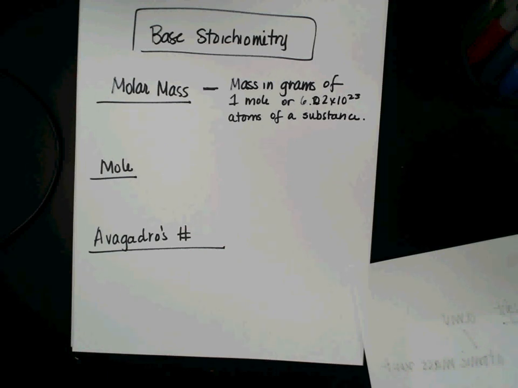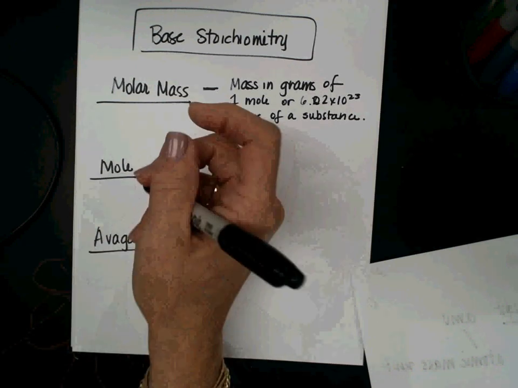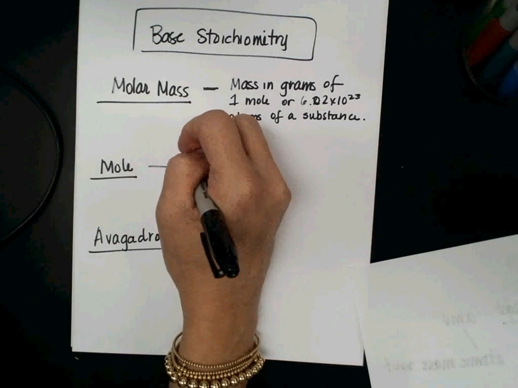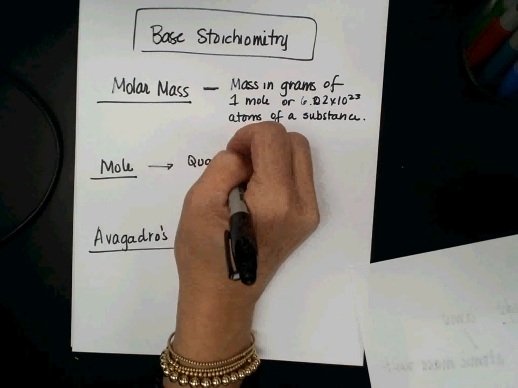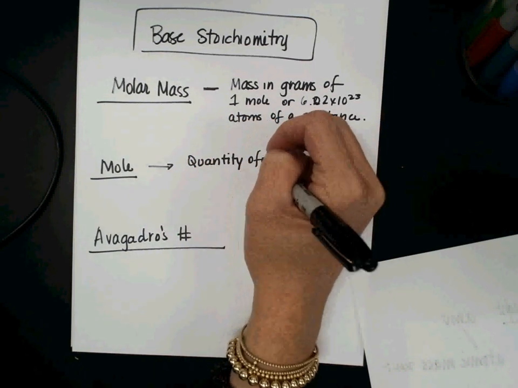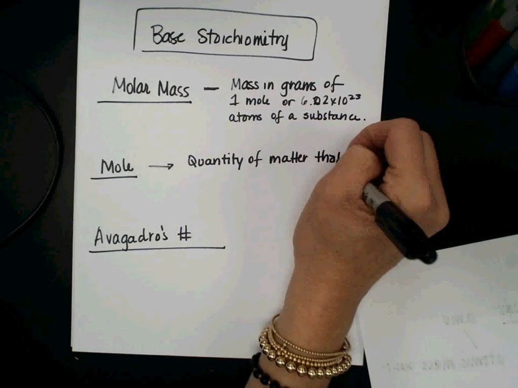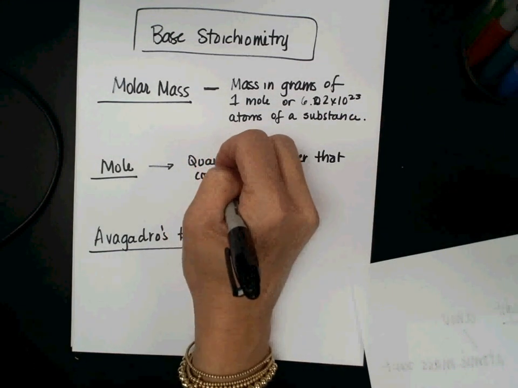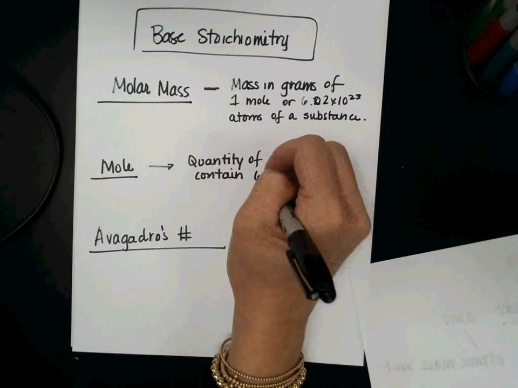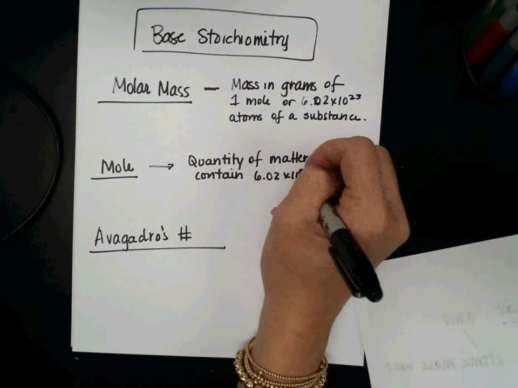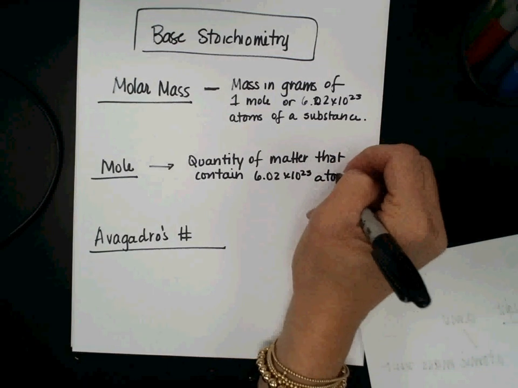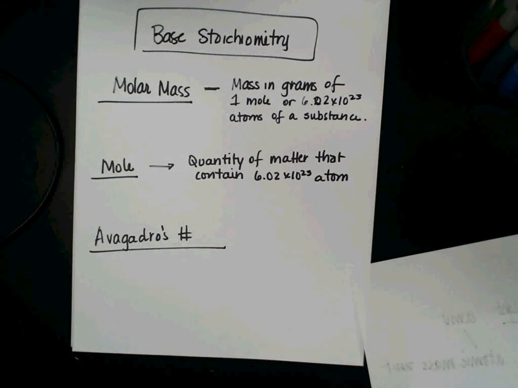Now, when we said that, or 6.02 times 10 to the 23rd atoms of a substance, kind of led us right into the mole. The mole is just called the quantity of matter that contains Avogadro's number of atoms.